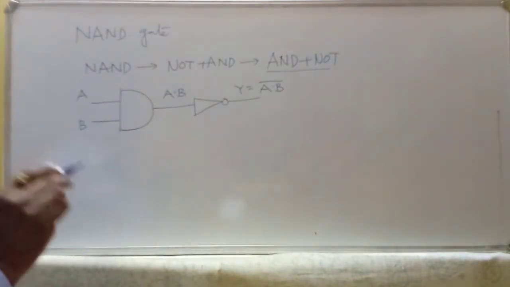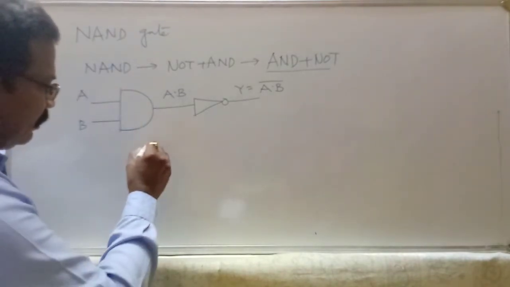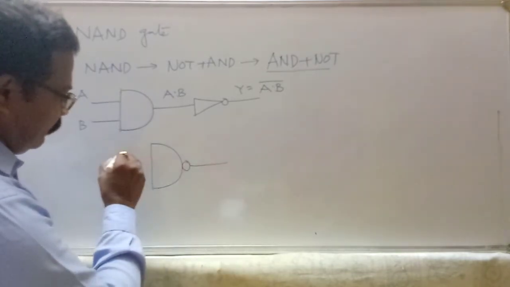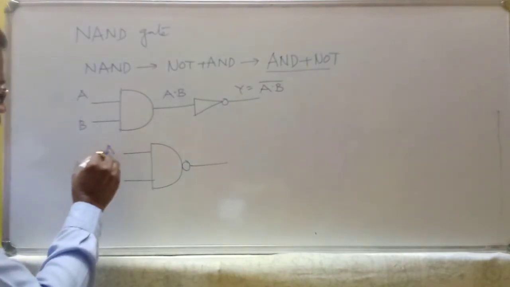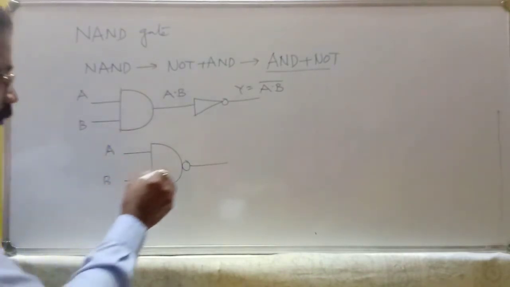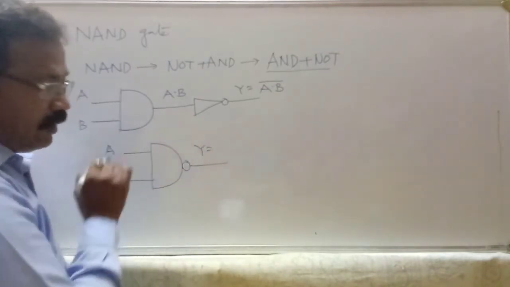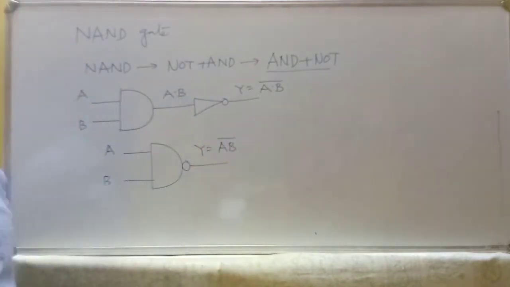So you need not write all this circuit for the NAND gate. Simply, you can symbolically represent this NAND gate like this. Here, A, B. The output of the circuit is Y equal to AB complement, AB bar.